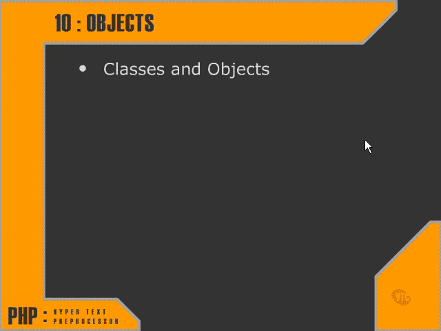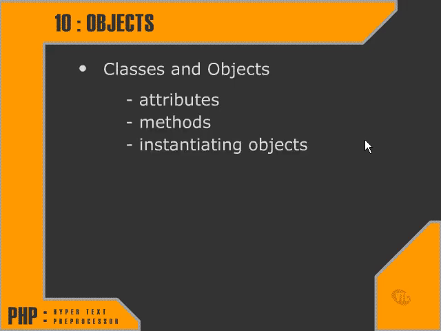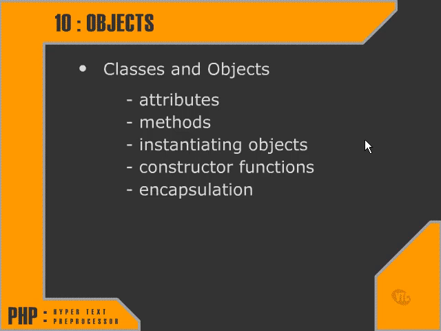Also, through this chapter, we're going to briefly cover these different topics: attributes, methods of objects, instantiating objects, constructor functions for classes, encapsulation, object inheritance, polymorphism, and aggregation.